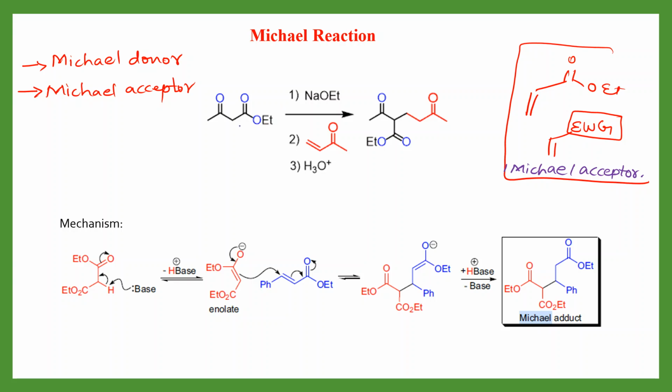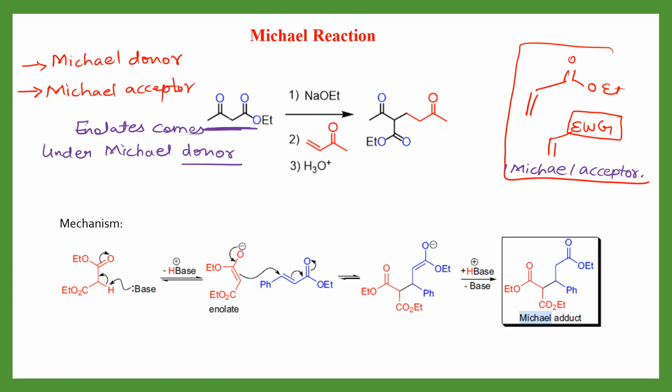And this enolate comes under Michael donor, because whosoever is going to donate will come under the donor category.